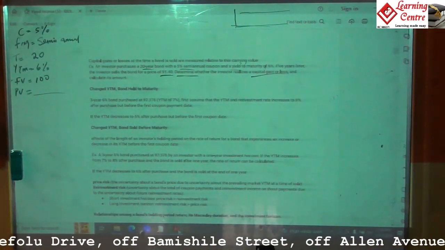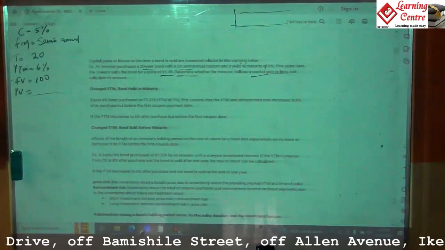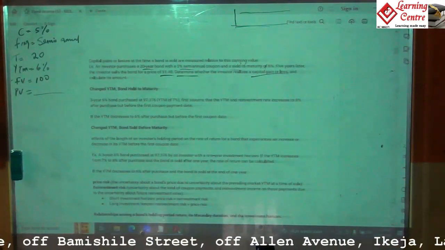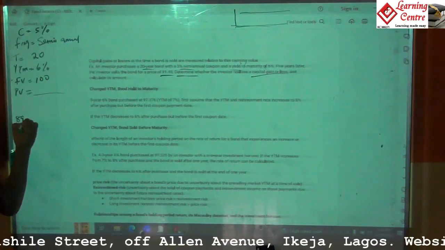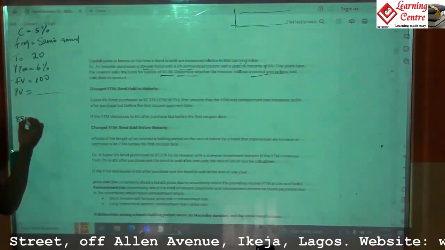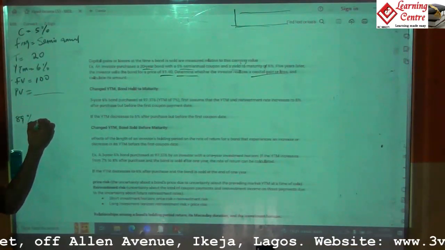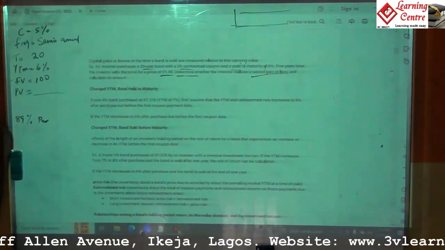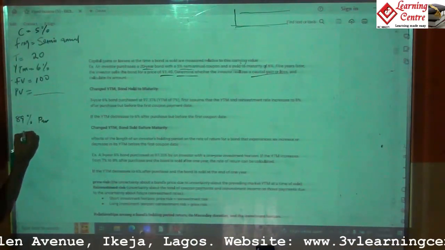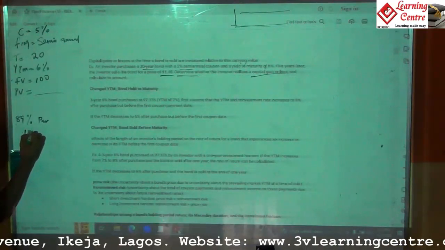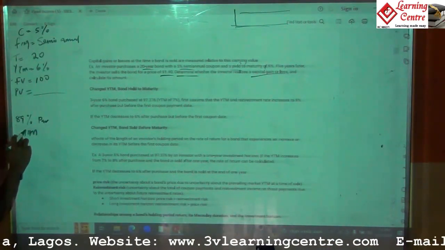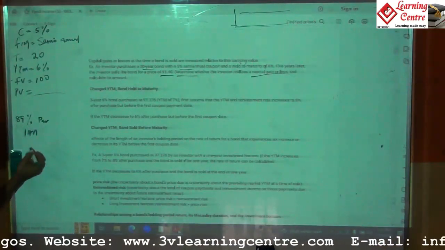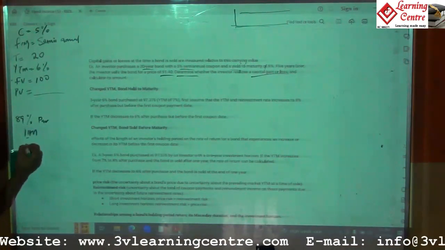Yes, so most of the time we price based on par. So usually if you say the price, if you get 90 here, that means it is selling at 90% of par value. So that if you want to buy 1 million naira, what I will pay you for every 1 million is 90% of this 1 million.